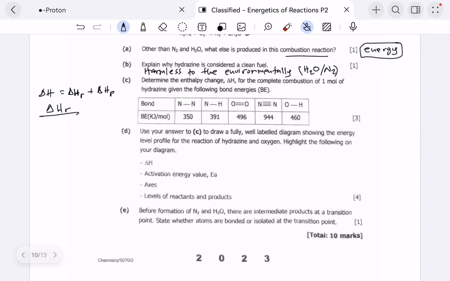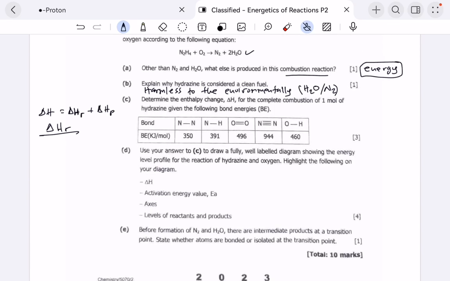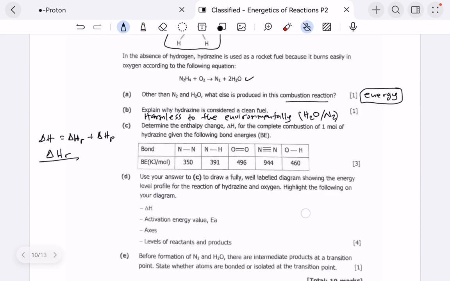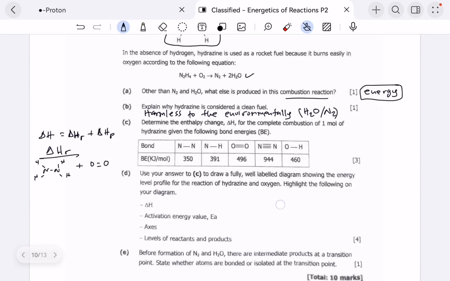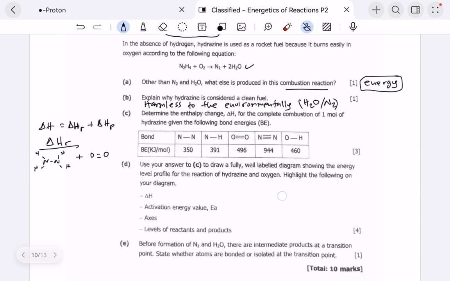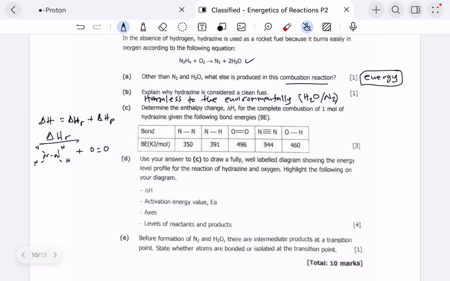When we look at the structure of hydrazine, we have these bonds. We have to understand the bonds involved, and then there is that bond. Provided the equation is balanced, then we can proceed and answer.